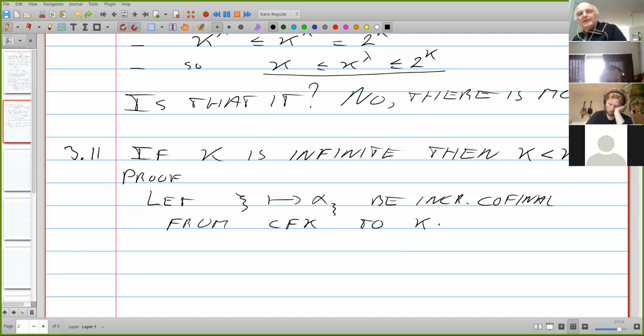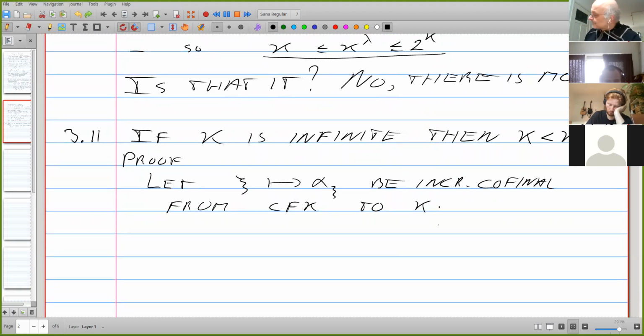We have the cofinality of kappa. We take a function from the cofinality to kappa that is strictly increasing and cofinal. Okay, and here is something you have to watch out for.